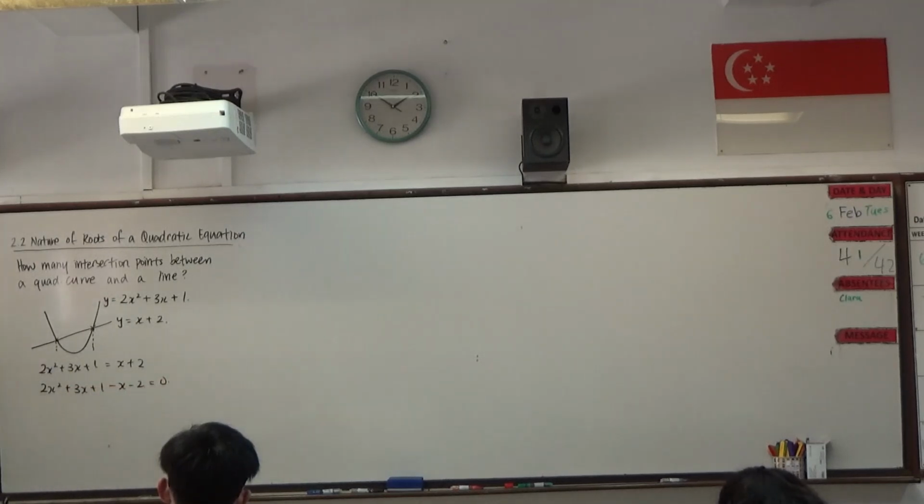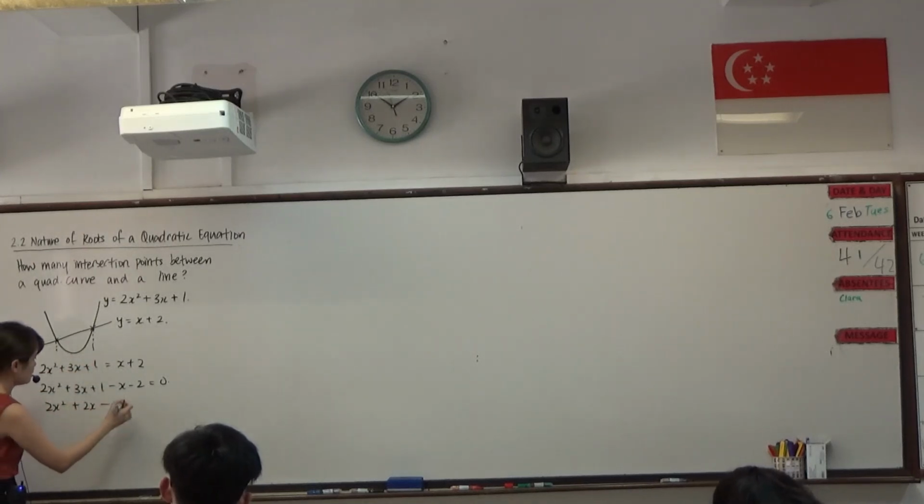When I do this, it is as good as solving an equation where I bring the x plus 2 to the left, which simplifies to this quadratic equation over here. Having this quadratic equation, I can in fact draw another new curve.